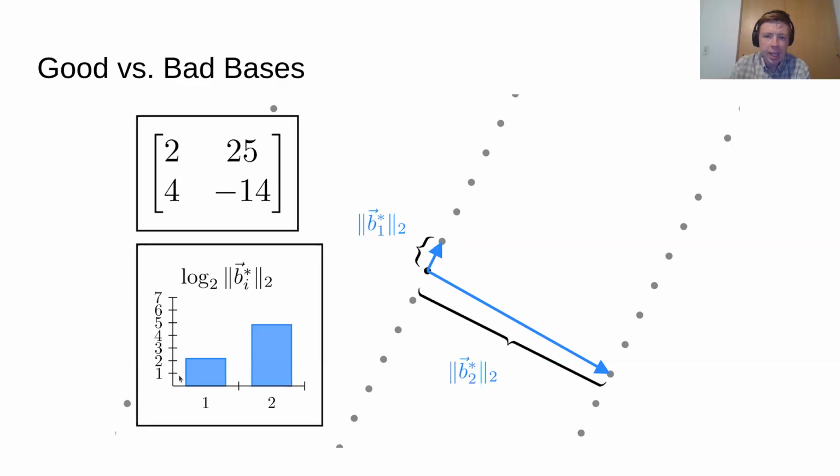Now, instead of depicting them as bars, we just draw them as lines for simplicity, as a line graph. So when you see profiles depicted in future slides with a line, that's essentially where it's coming from. We're taking the lengths of the orthogonal components from the Gram-Schmidt orthogonalization process.